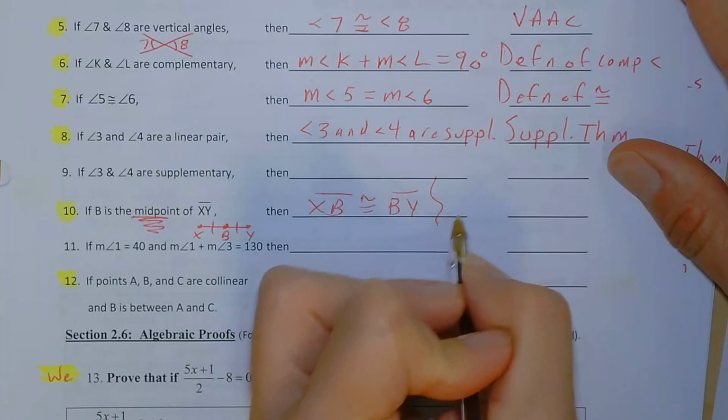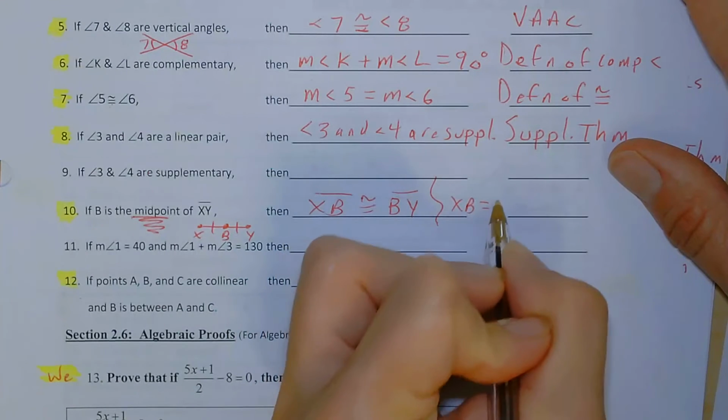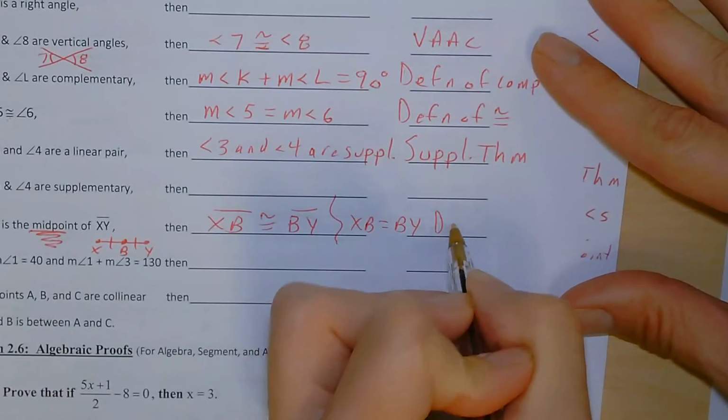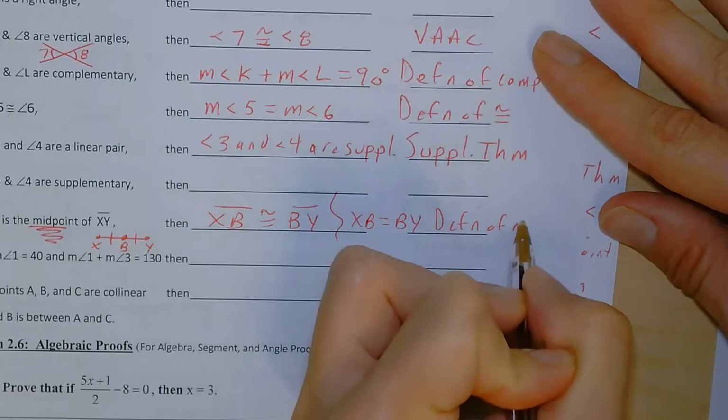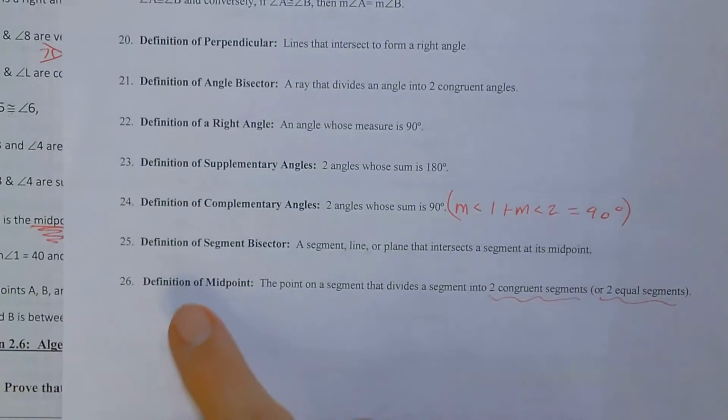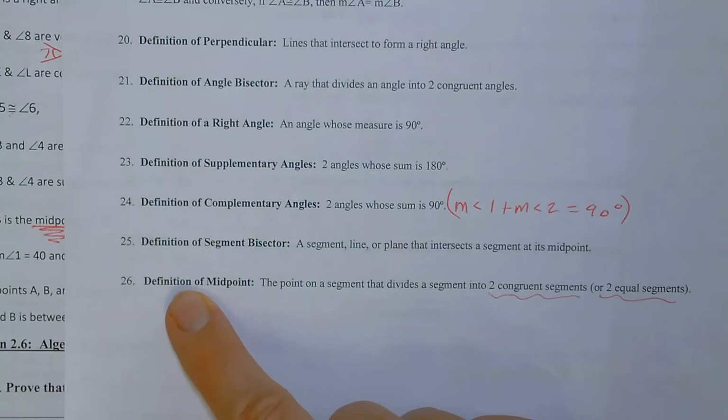Now, if you said they were equal, you could say XB equals BY, and you wouldn't put the little bars on. So these would be your two options of what you could say. They're either congruent or their measures are the same. And then we would say our justification is the definition of a midpoint. And where did I get definition of midpoint? That's the bold word that we just read right there. So the bold word is the reason why you're allowed to say what you're saying.